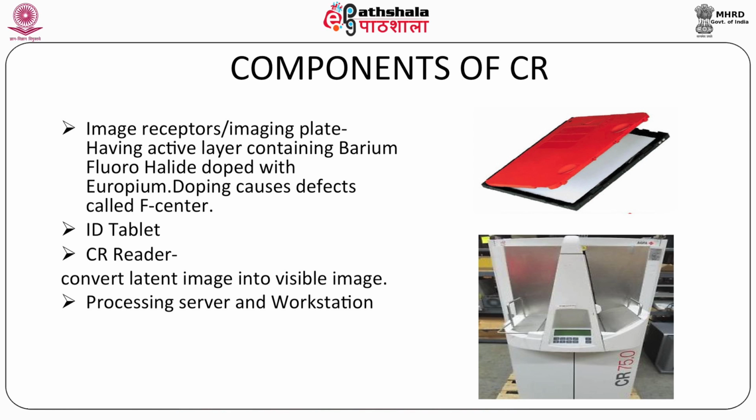The imaging plate acts as an image receptor, also known as the photostimulable phosphor screen. This PSP plate is housed in a cassette having an active layer containing barium fluorohalide doped with divalent europium. Mind it, this doping causes defects in the crystal called F centers.